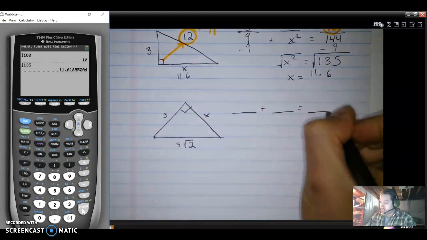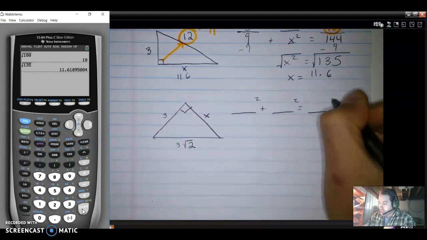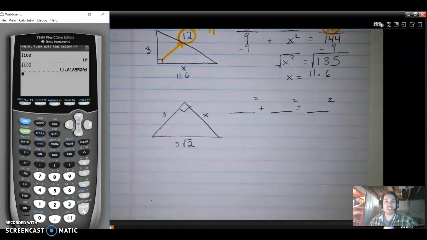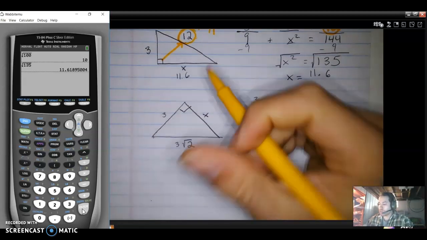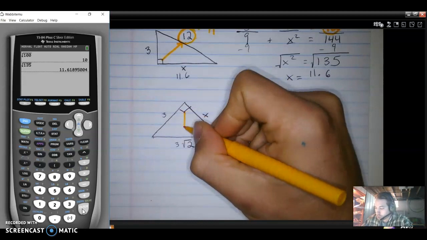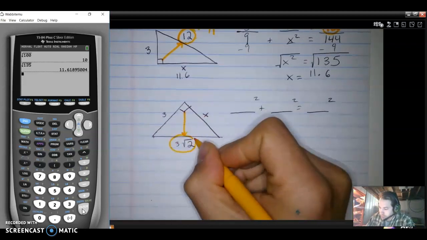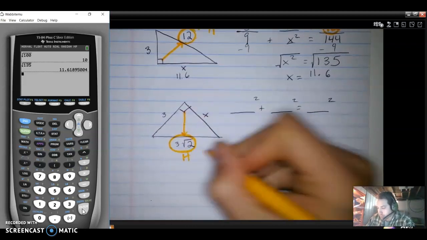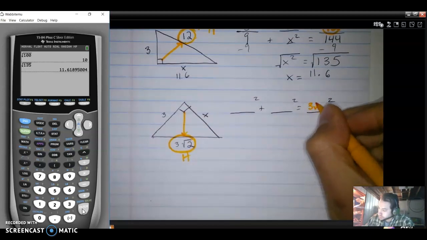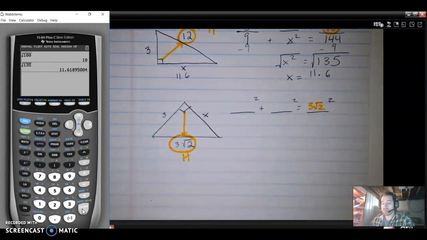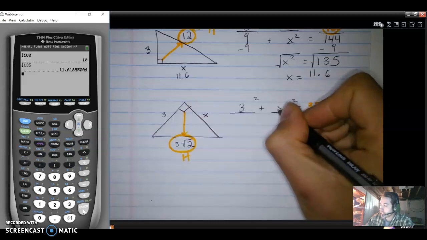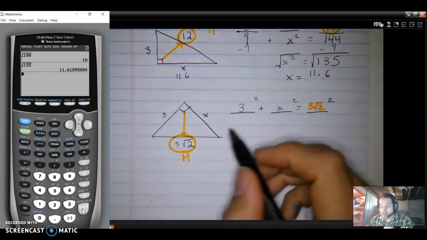I want you to pause the video and see if you can figure out the hypotenuse and plug it into our equation. Boom, all right, so you paused it. You did it. Across from the right angle, hypotenuse, right? I'm labeling that 3 square root of 2. 3 and x.